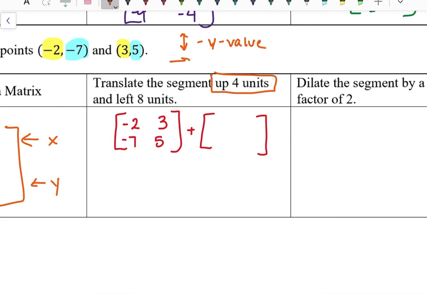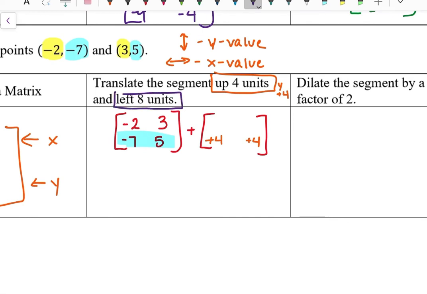If you're going left and right, that's the x value. So since I'm going up 4, it's affecting the y by +4. So I'm going to put those +4s on the bottom row.